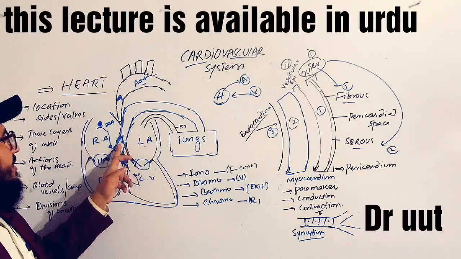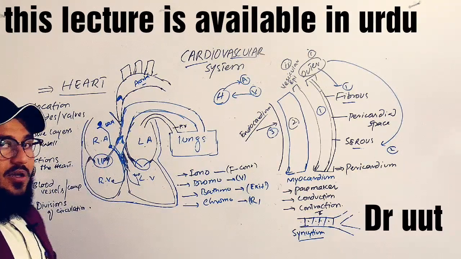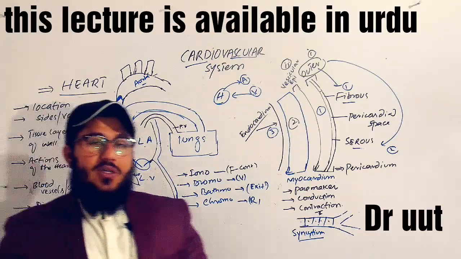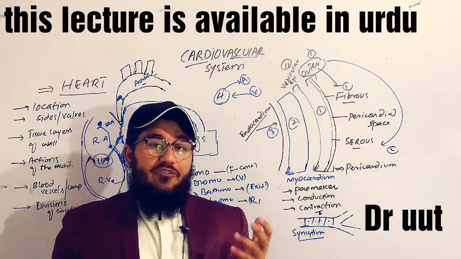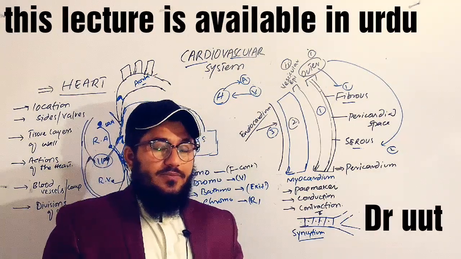And the valve present in the pulmonary artery and aorta is the semilunar valve. Why is it called semilunar? Because it is shaped like the moon, a half moon. That's why it is called the semilunar valve.